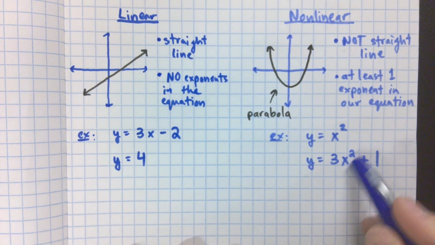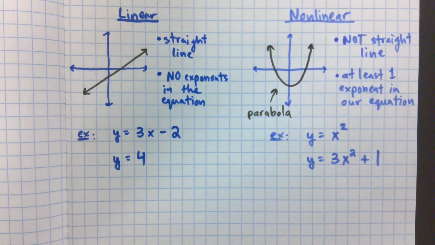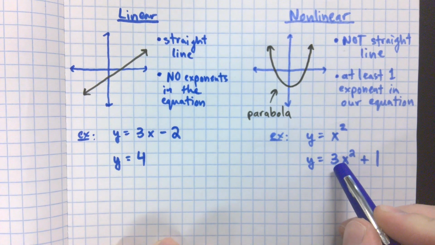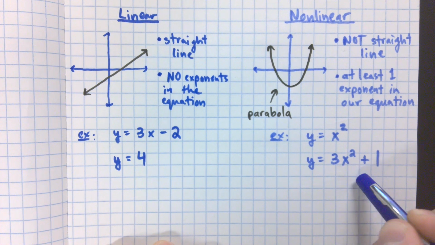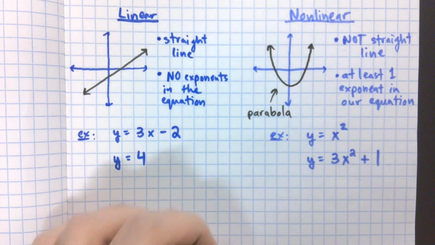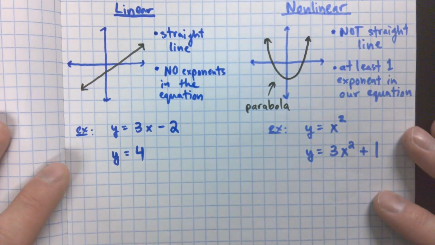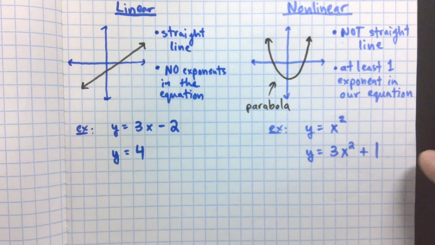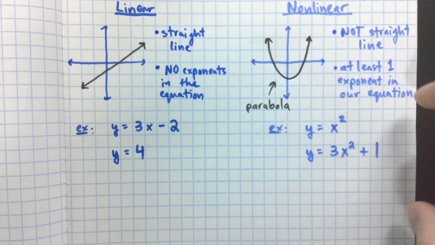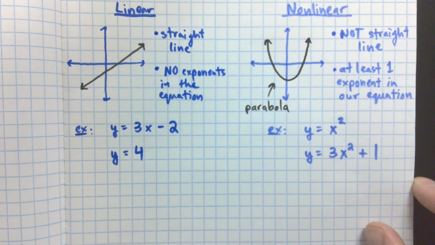But no, x squared is x times x. X times itself 2 times. So if my x is 4, 4 squared would be 4 times 4, 16. We'll review all that in a little bit, don't worry. By a little bit, I mean next week or this week. Not today. But that's what our nonlinear equations look like.